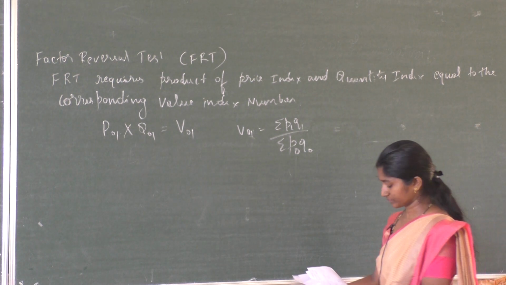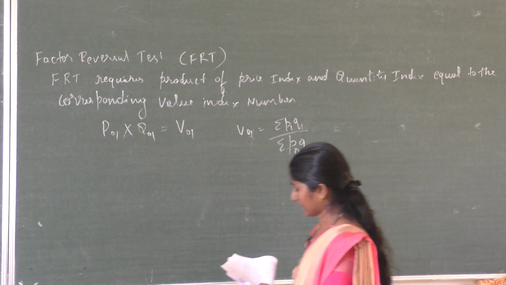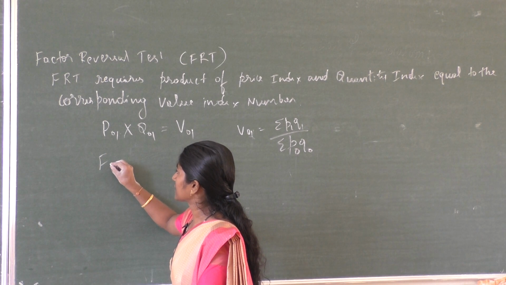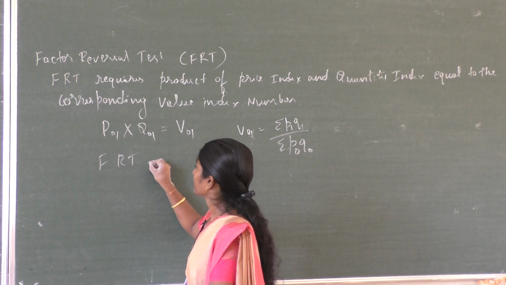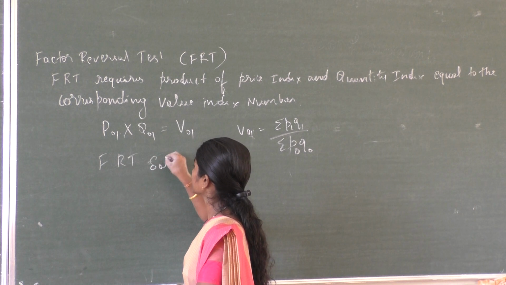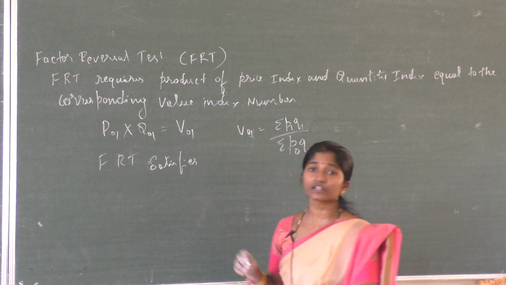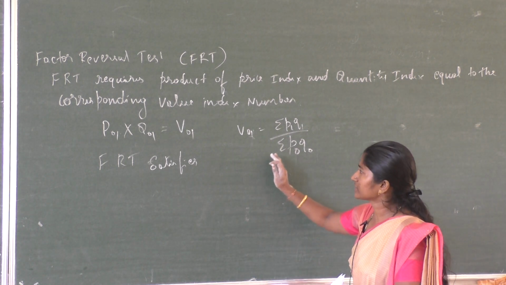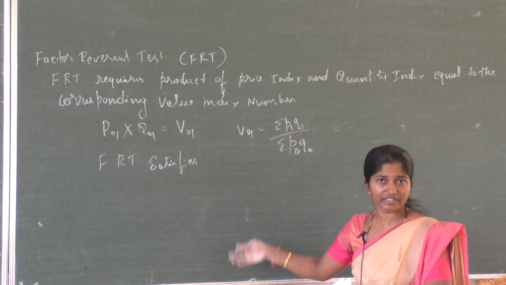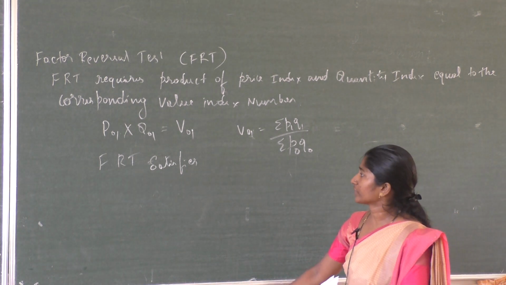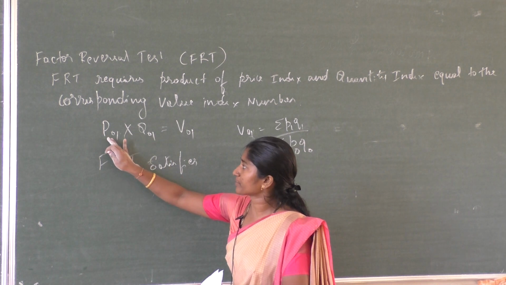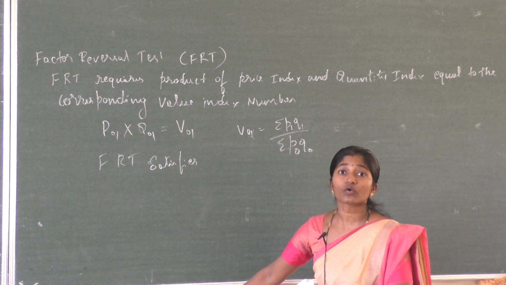Here also, which one satisfies? The factor reversal test, FRT. See, here also it is the same as what we have done in the time reversal test. These are just ratios, we are not expressing percentages, and whatever we write in P01 and Q01, this is the price index number and this one is the quantity index number.